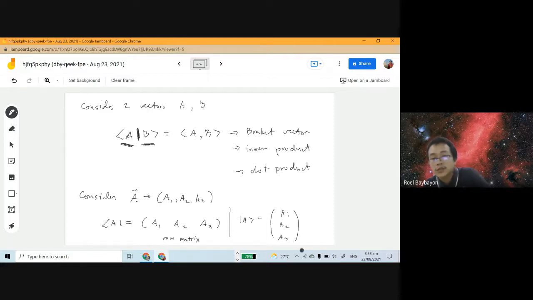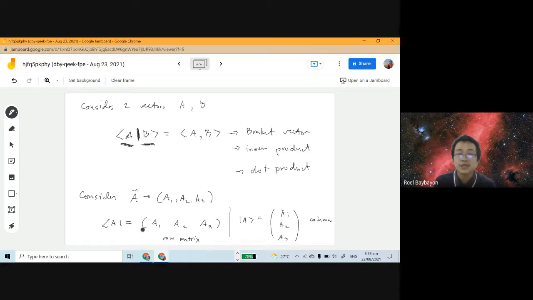And this is a column. Okay? So kung ako bra vector, then ang pagsulat nimo in terms of matrix is pahalang, horizontal. And when I say ket vector, isulat nimo siya in a vertical nga in column matrix. So this is actually in Dirac notation. Okay?